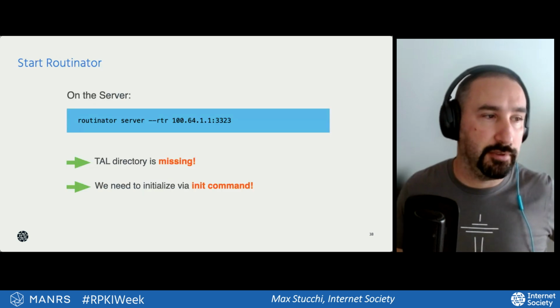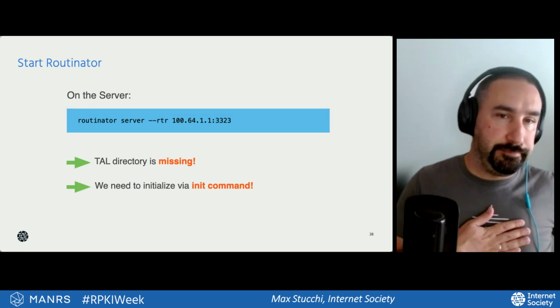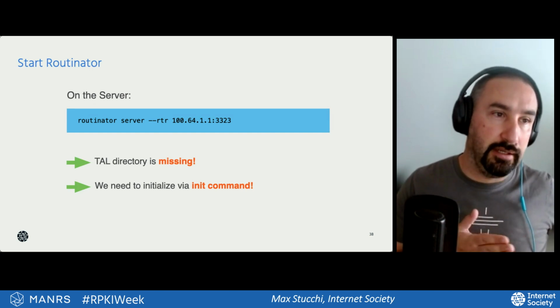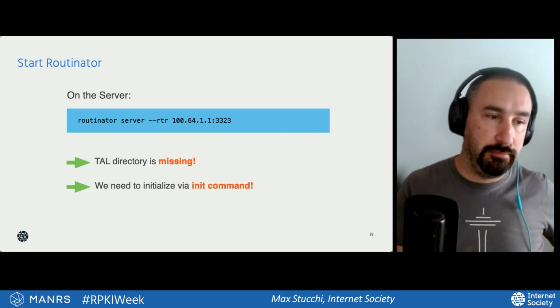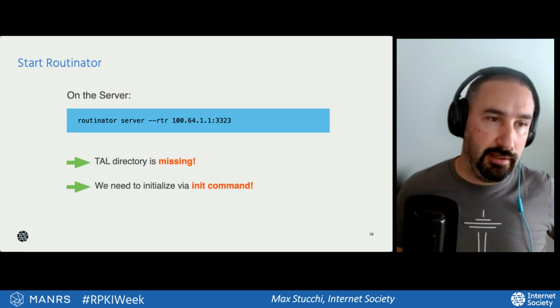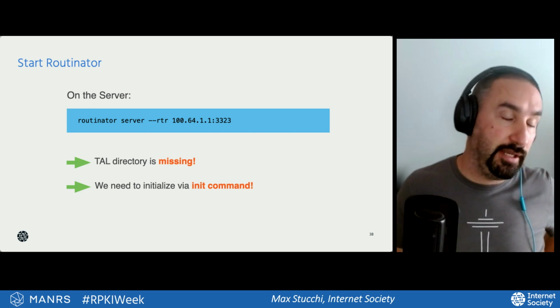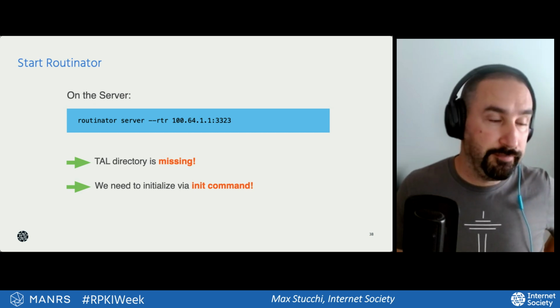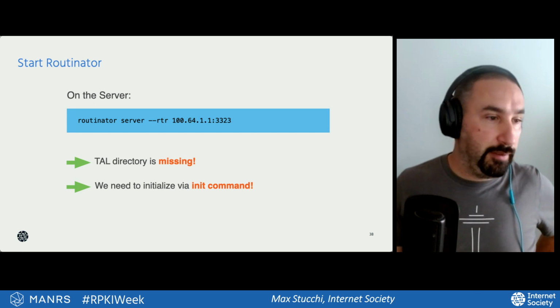So how does this work? This is an example of running Routinator and Fort. Installing them is very, very simple. They come in packages from Ubuntu or every Linux distribution, they come as a port on FreeBSD, they come as ports on OpenBSD, so they're available everywhere.